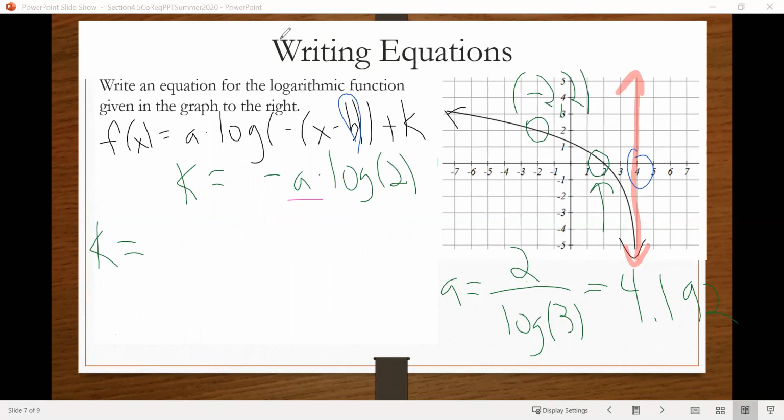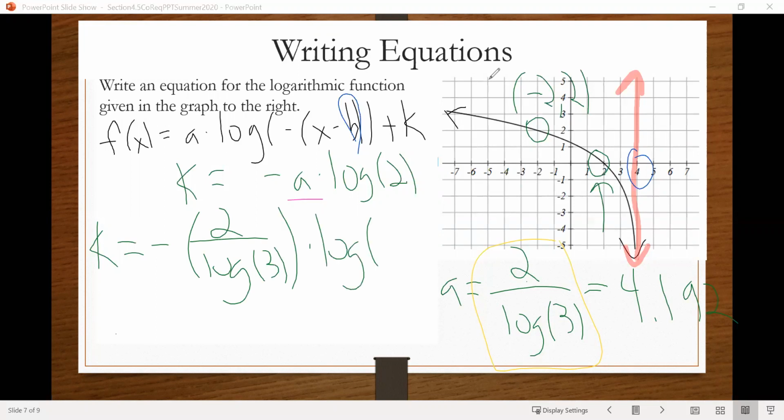I'm going to use this exact value, the 2 over log of 3 that we had before we found the decimal answer. So this becomes the negative of 2 over log of 3 times log of 2, which if we now plug that into our calculator, what we end up with is negative 1.262.